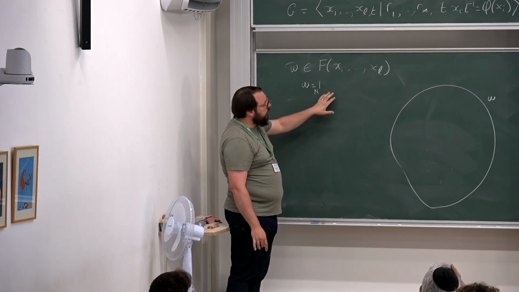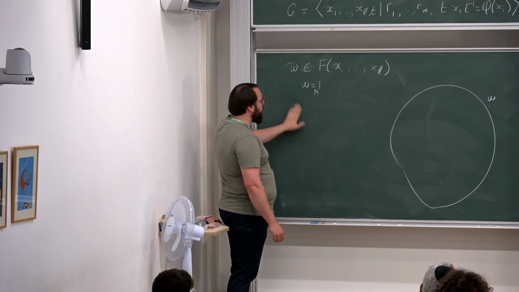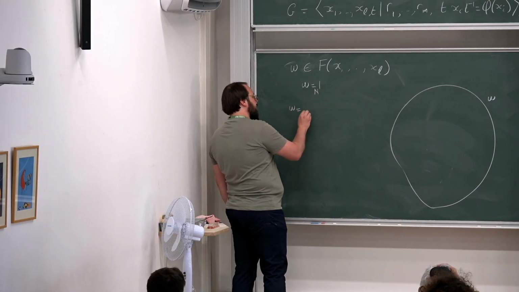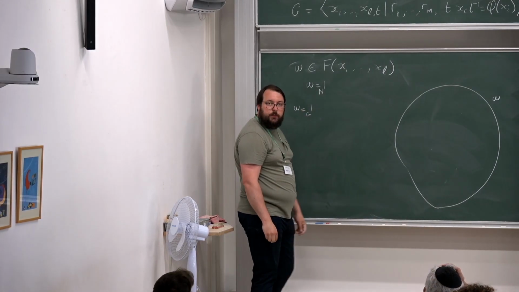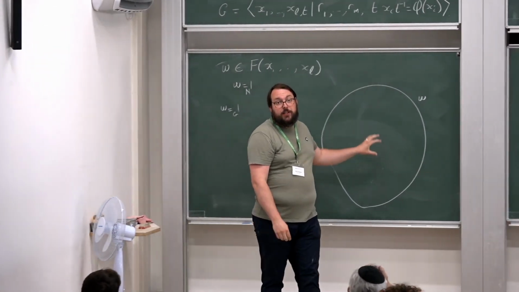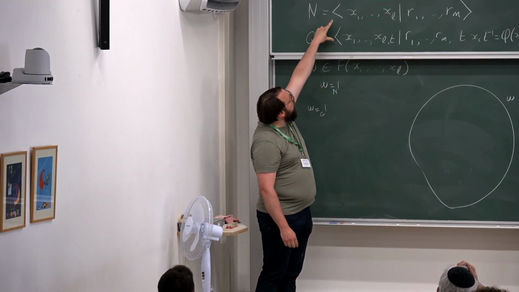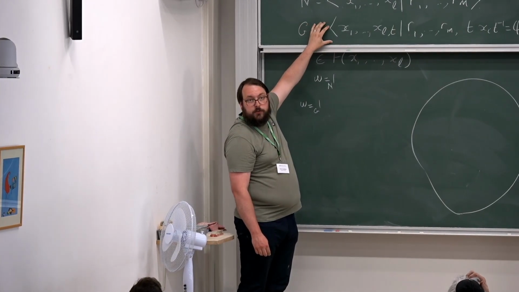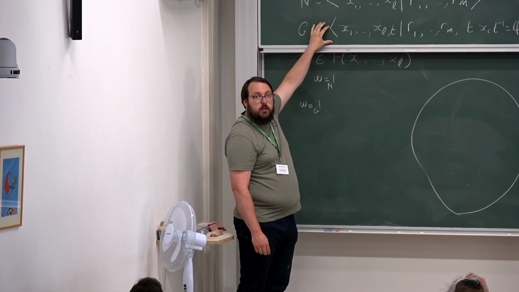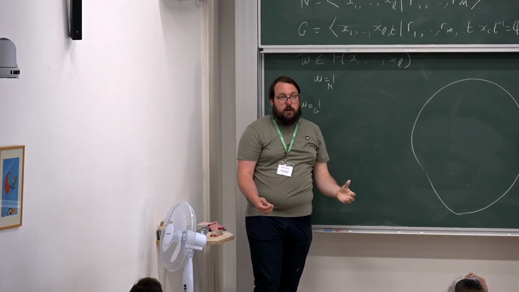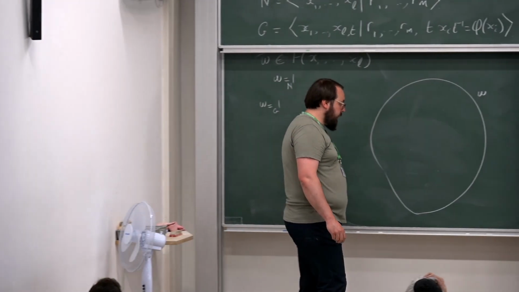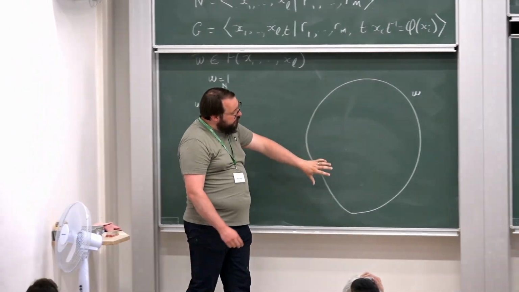Well, this is sitting inside G, so W is also equal to 1 in G. So now I have this loop inside the Cayley graph of G, and with these two generating sets, the Cayley graph of N is a subgraph of the Cayley graph of G. So I can build this disk diagram in G, and I'm going to fill this loop in G.